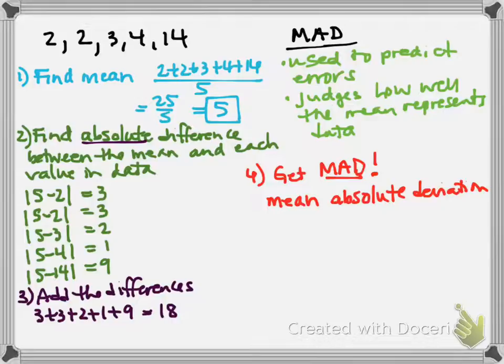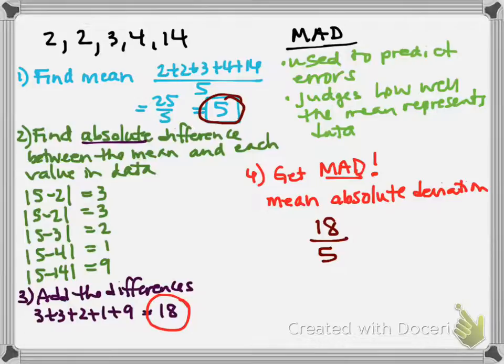And what I do is I take the mean of the differences between the mean of the data and each value. So that goes on top. And I'm going to divide it by the mean we had of the original data.